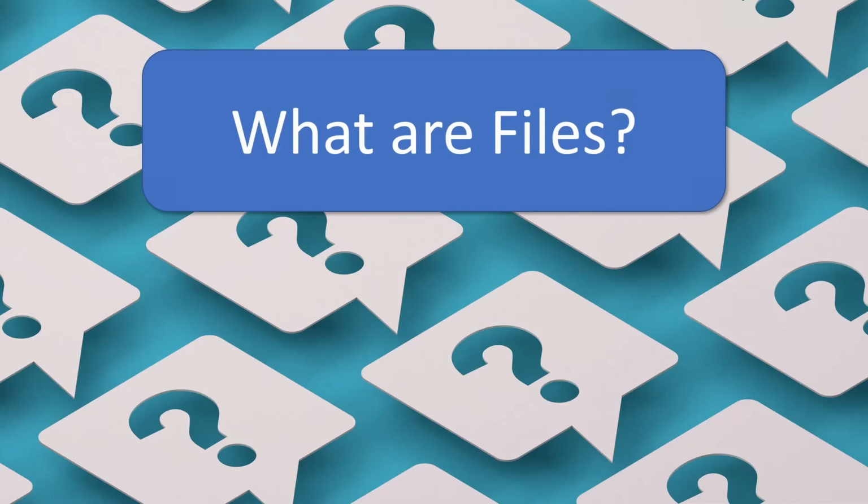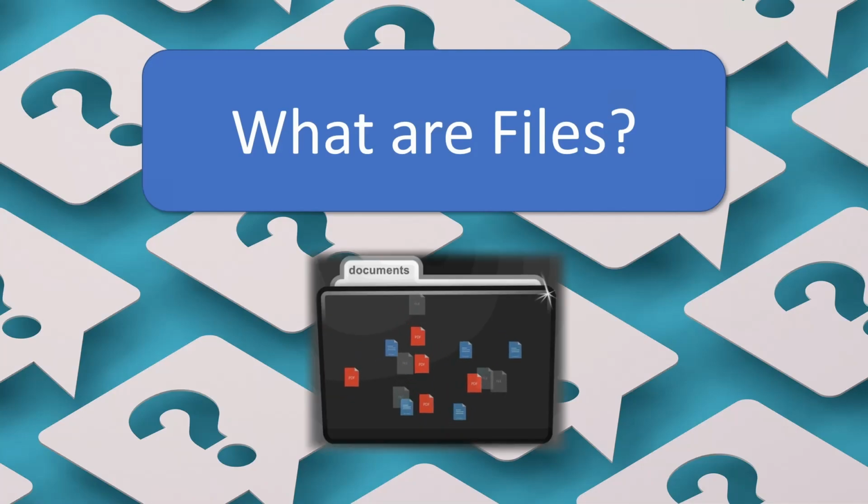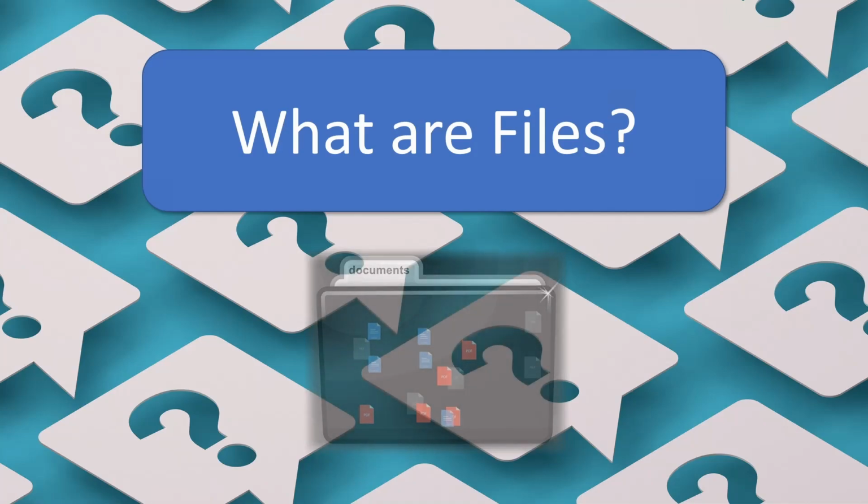In previous videos, we looked at both string and numeric variables as being containers of information inside the memory of a computer. Files do a similar job, although usually on a larger scale, holding information on some kind of storage medium.